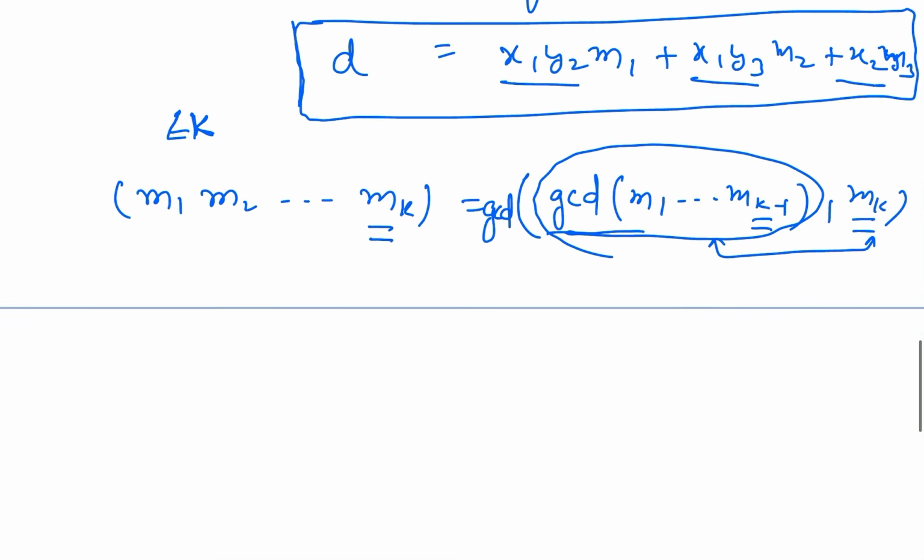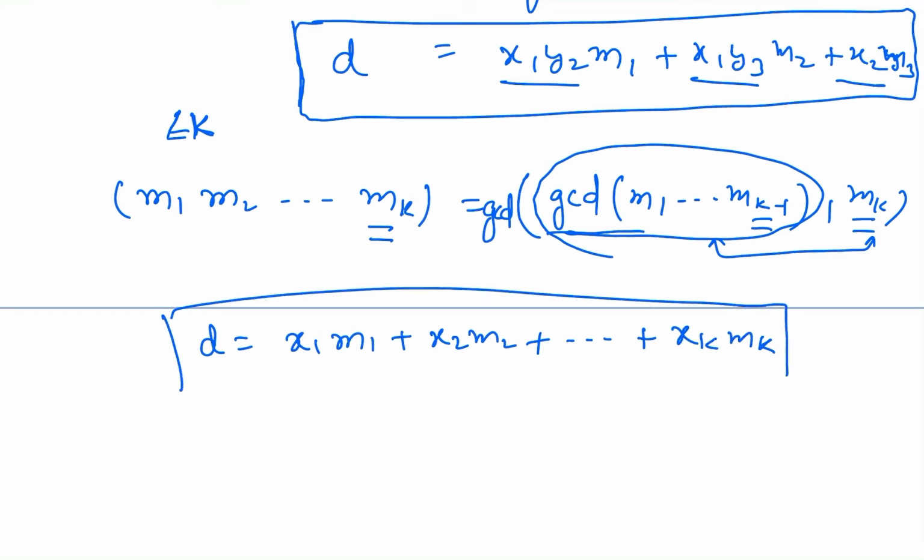Then we will get our desired result, that D is equal to x1 M1 plus x2 M2 plus dot dot dot xk Mk. This was asked in 2021.